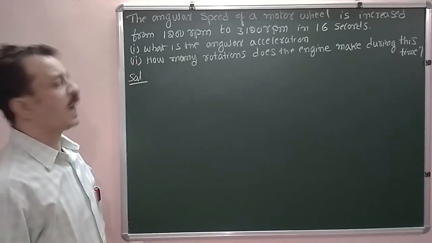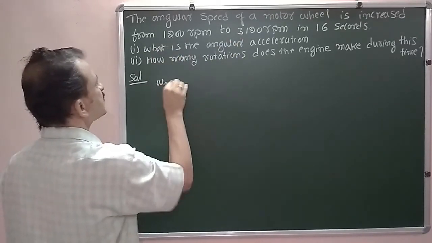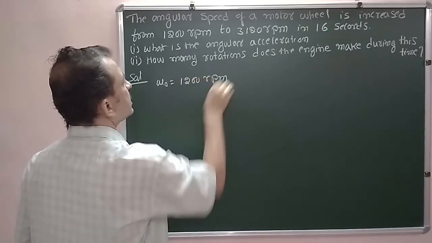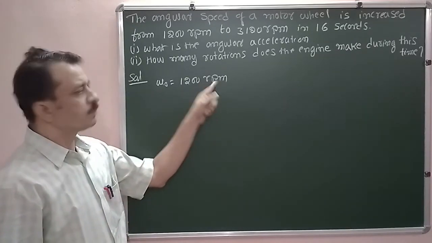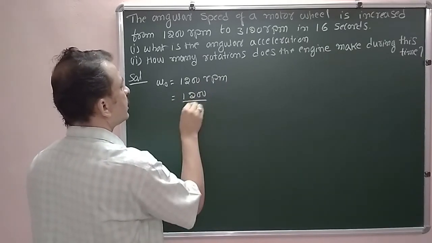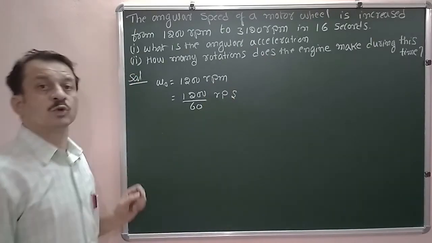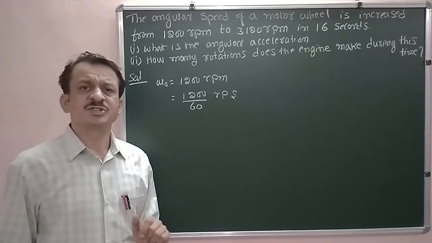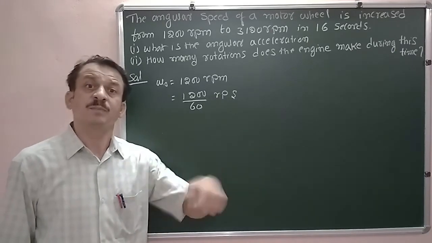The initial angular velocity of this wheel, omega naught, is given as 1200 rpm, revolutions per minute, but we want revolutions per second. So therefore it is 1200 divided by 60 rps, revolutions per second. But we want angular velocity in SI units, that is radian per second.